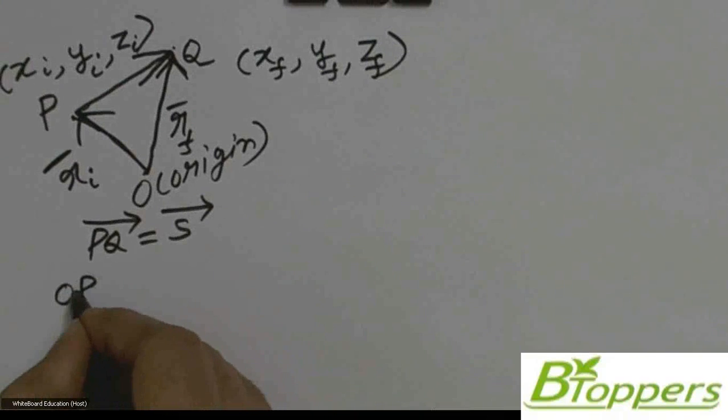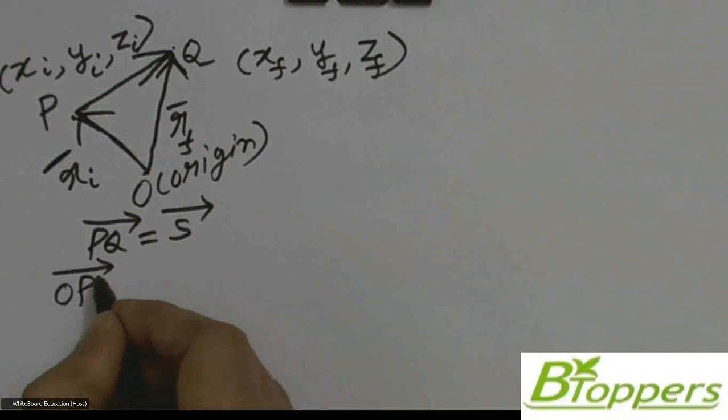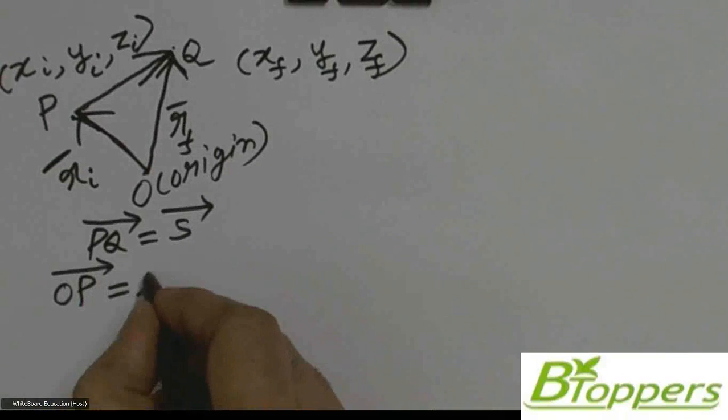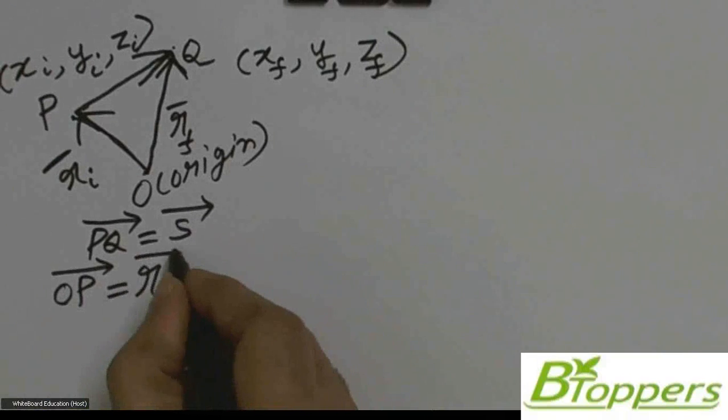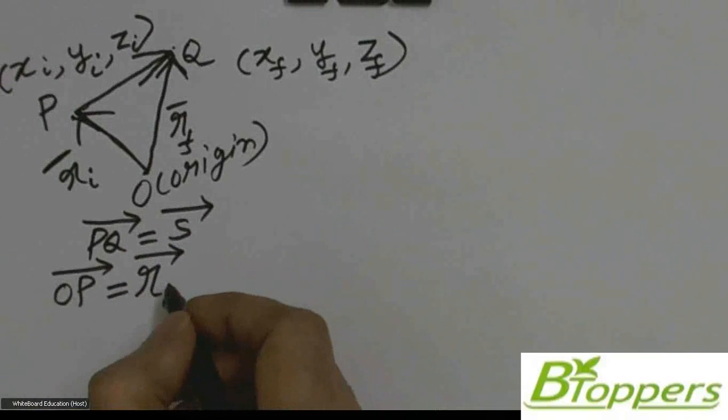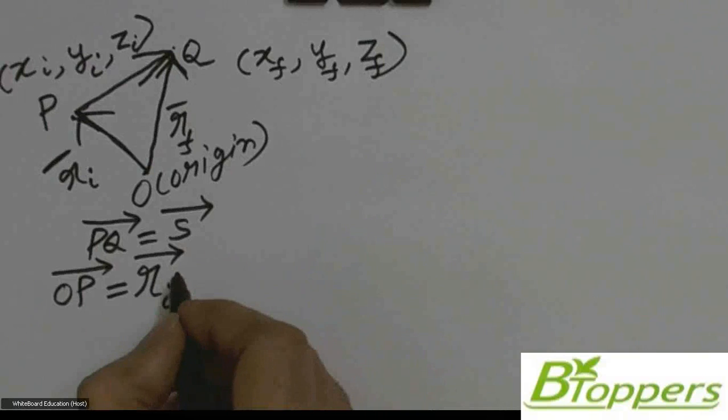The directed line segment OP bar represents the position vector of the initial position of the particle, denoted by RI bar.